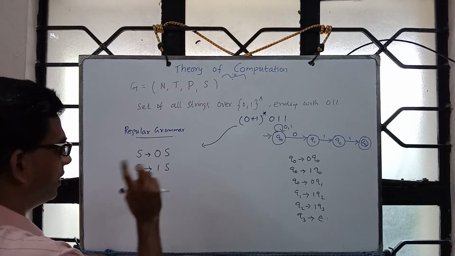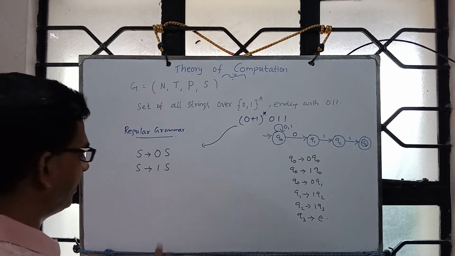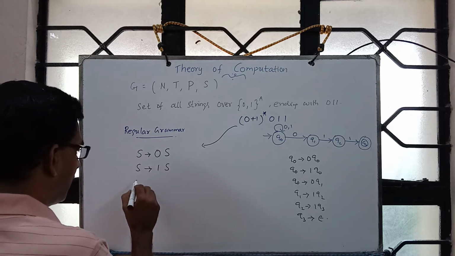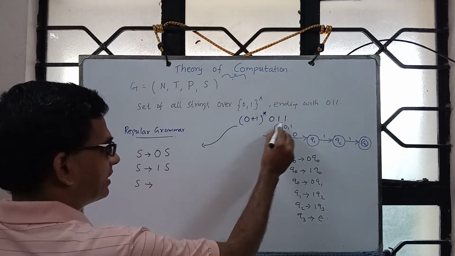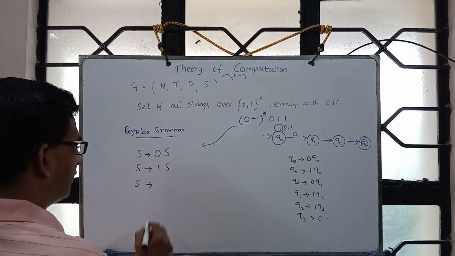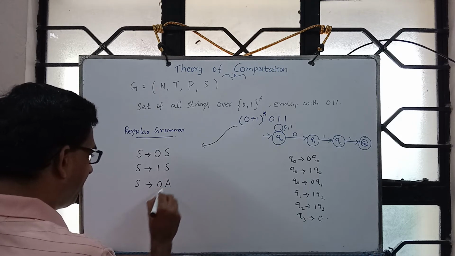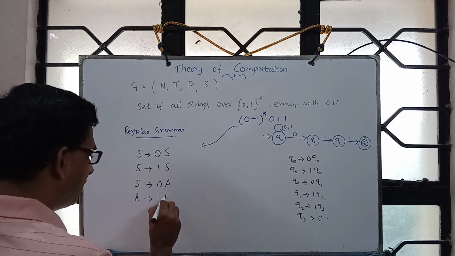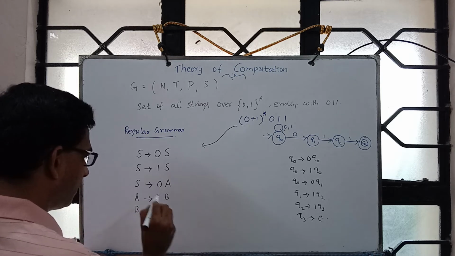So with this you can generate everything. Of course you need a production to terminate, but this captures 0 plus 1 star. Now from this I need to switch and then start reading this part. Fine. So I say S implies 0 A, A implies 1 B, and B implies 1.